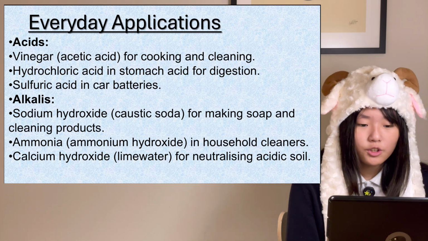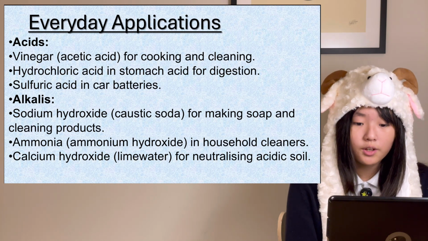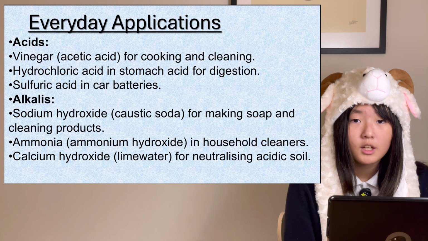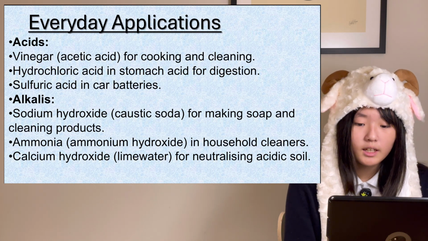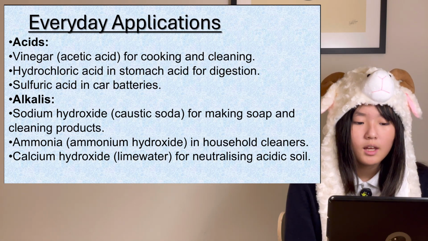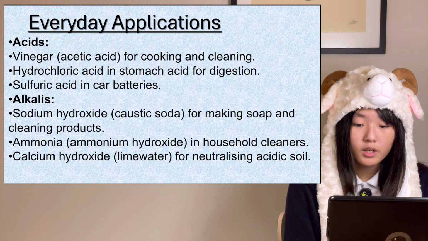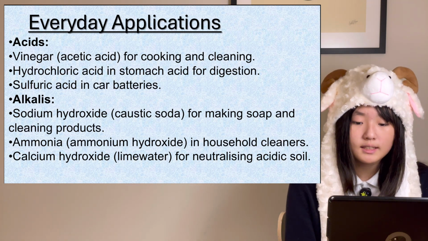For alkalis, sodium hydroxide is caustic soda for making soap and cleaning products. So if you use any kind of cleaning product, then you're using an alkali. Ammonium hydroxide is used in household cleaners. Calcium hydroxide, lime water, is used for neutralizing acidic soil.